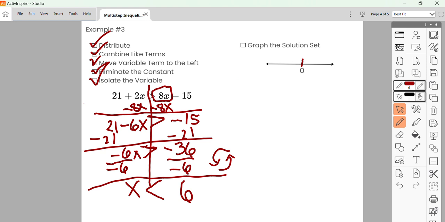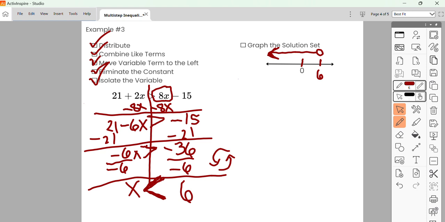When we're drafting a solution set, we always have a 0 there, so we have some perspective as to where our positive and negatives are. This is x is less than 6, and it's not equal to, so that means we need a 6 down here, and we need an open circle, and of course the arrow goes the same way the inequality points.